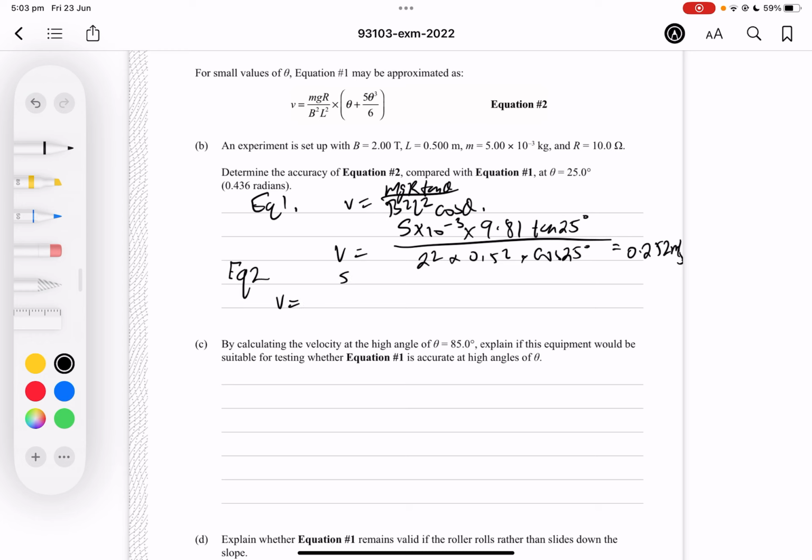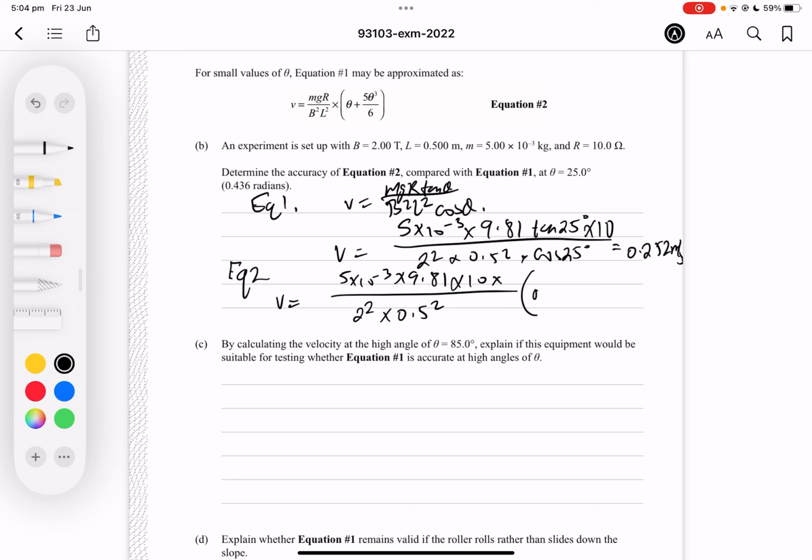For equation 2, we'll substitute those parameters in again. So we have 5 times 10 to the negative 3 times 9.81 times, there's also the resistance, so times 10, I forgot about that one, divided by B squared, so 2 squared times 0.5 squared, and we multiply by theta plus 5 theta squared over 6.